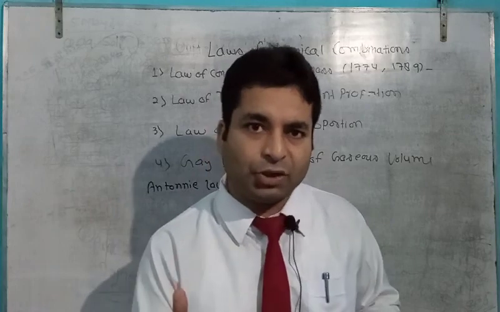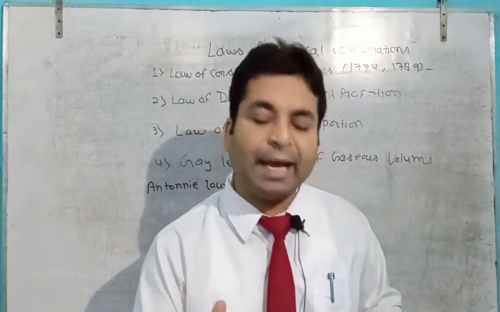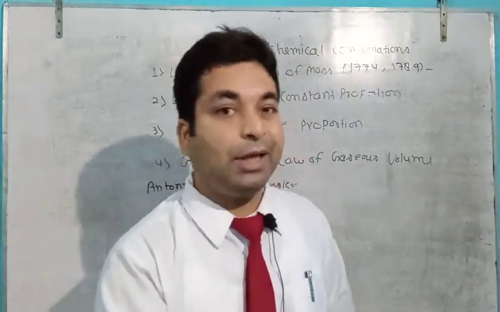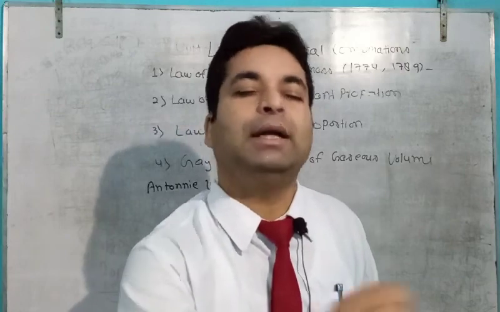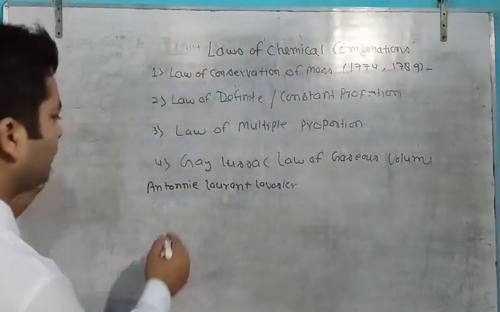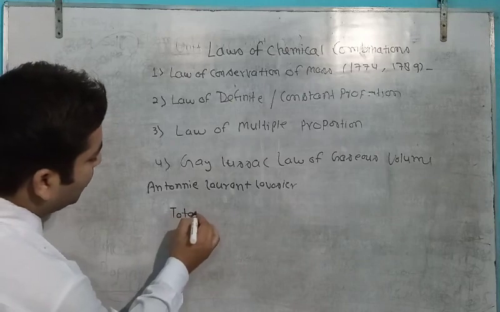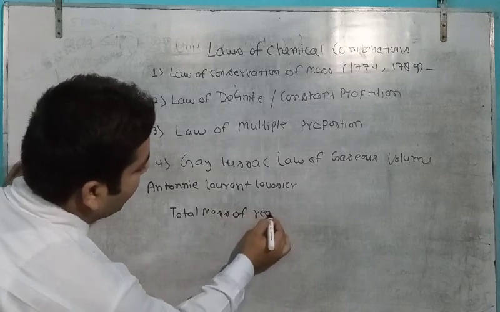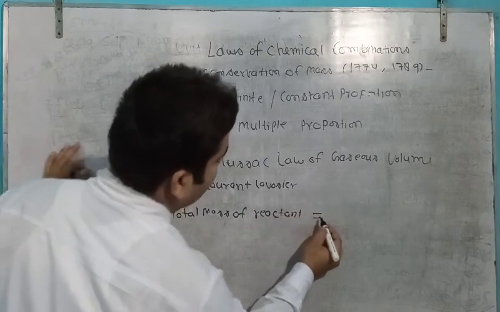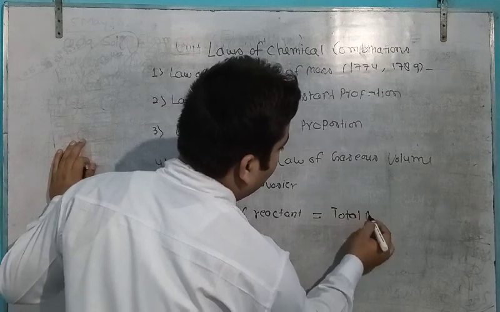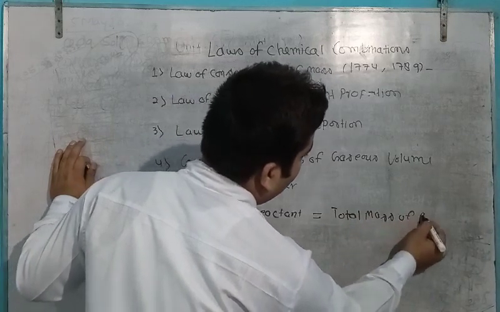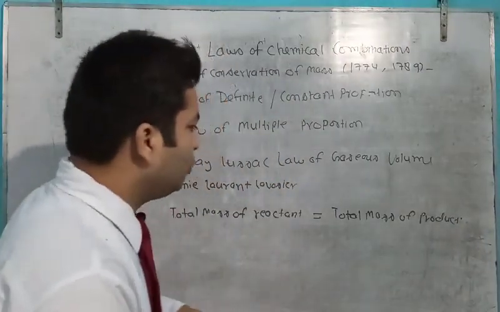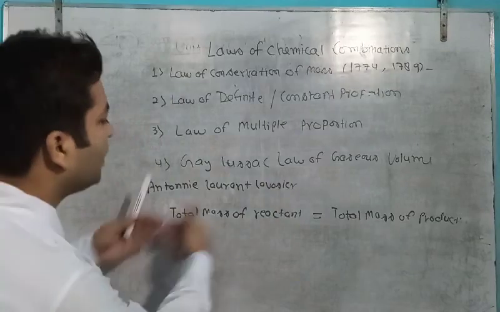During a chemical reaction or chemical change, the total mass of the products obtained should be equal to the total mass of the reactants. In other words, the total mass of reactants should be equal to the total mass of products.